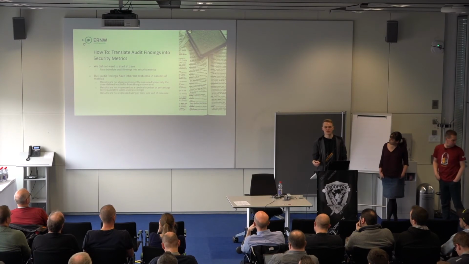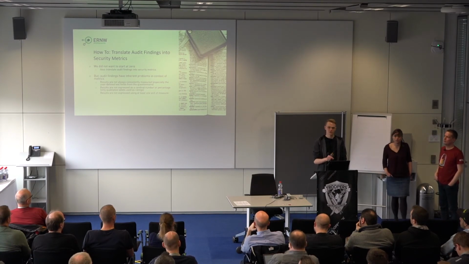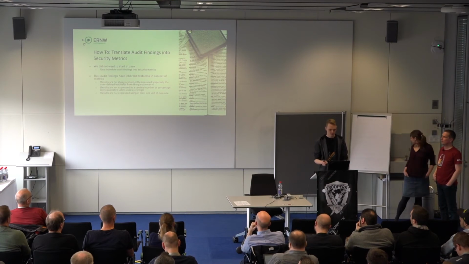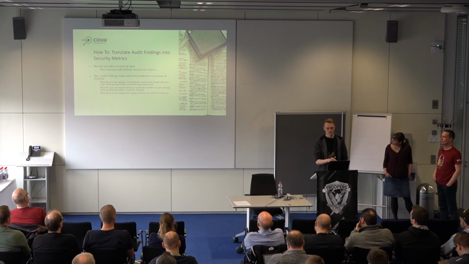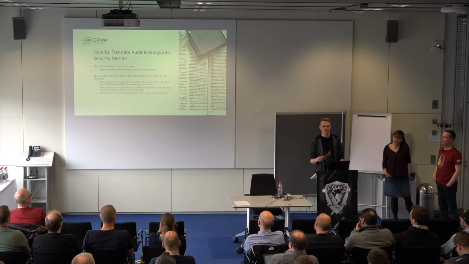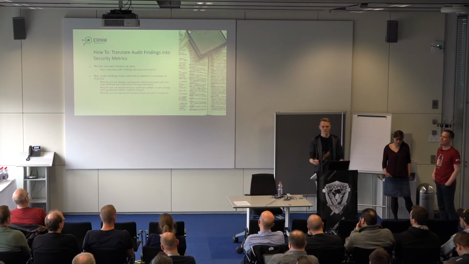These are only qualitative labels, but what exactly is the difference between low and medium, medium and high, and so on? And this is also a problem of the next thing that stands on here. Results are not expressed using at least one unit of measure. If you have a qualitative label, it has no unit. It's just a word in this sense.